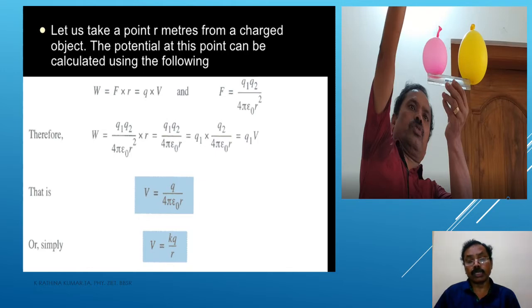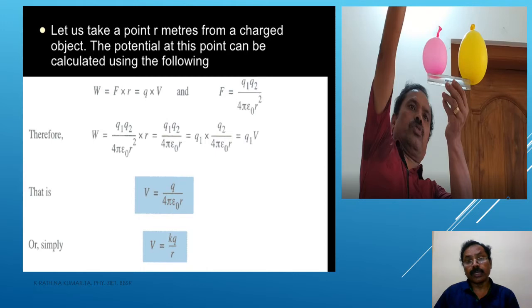If one is taken as the source charge and the other one is the test charge, Q1 Q2, then in this equation the test charge has been cancelled, and it is written that potential is equal to kq by r. So that equation is brought from the work done, or potential is equal to work done by charge.